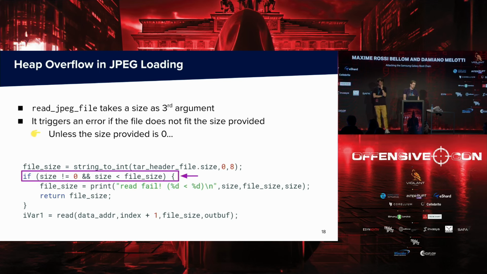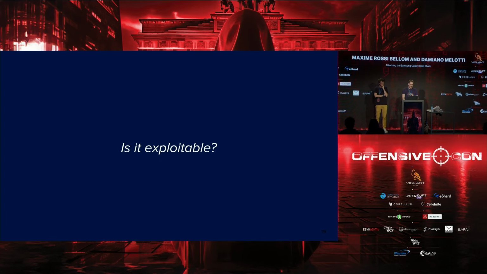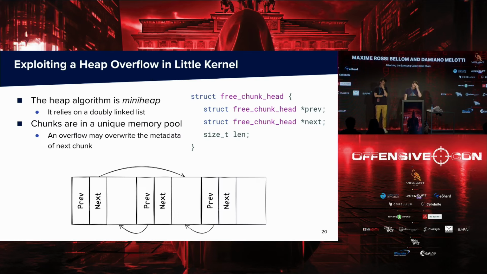So when it happens, it will simply read the file and fill the buffer as it will fit, which is not necessarily the case. So we have here the first vulnerability. It was pretty quick, heap overflow. And is it exploitable? To answer that question, we need to understand how the heap algorithm works in little kernel. And it is actually called mini heap.